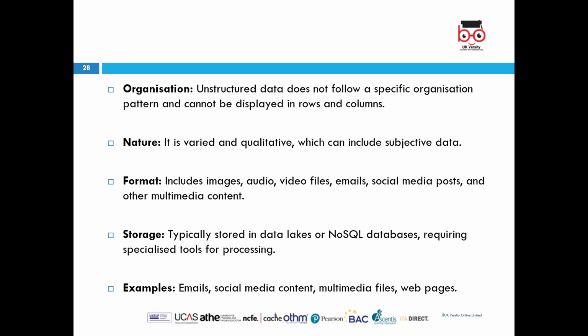Unstructured data does not follow a specific organizational pattern. It is varied and qualitative, which can include subjective data. That means it's going to include images, audio, video files, emails, social media posts, and so on.